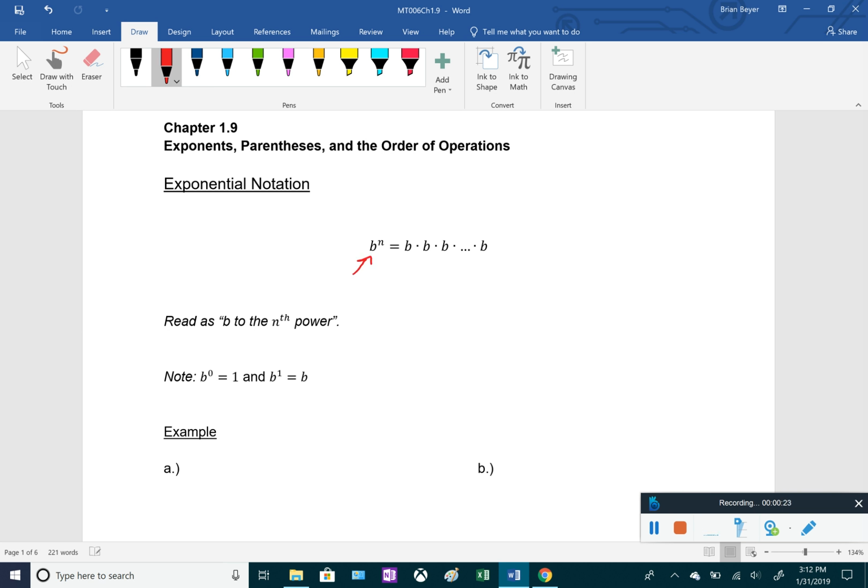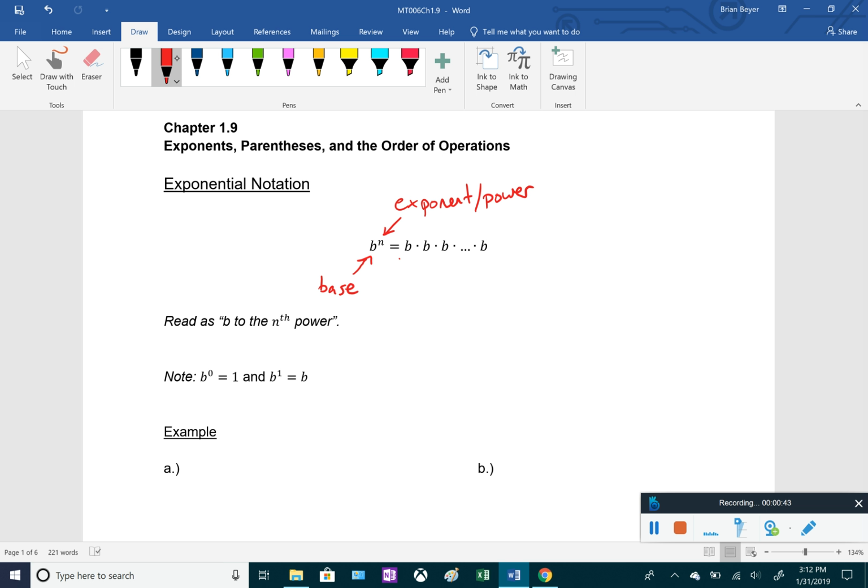So here's the notation. We have b to the n. The b is called the base, hence b for base. This superscript n is the exponent, or the power, and the n tells us how many times we are multiplying the base b together.